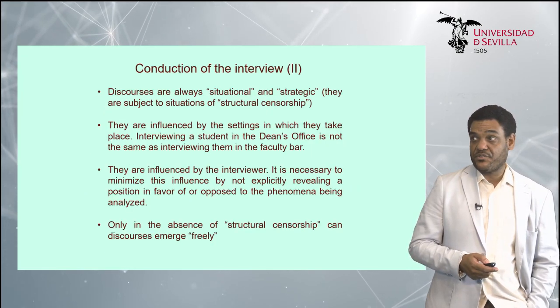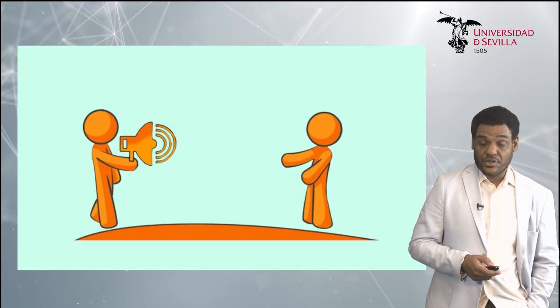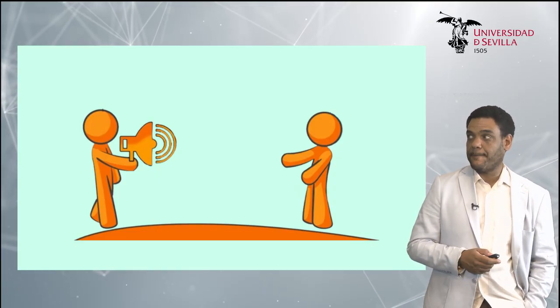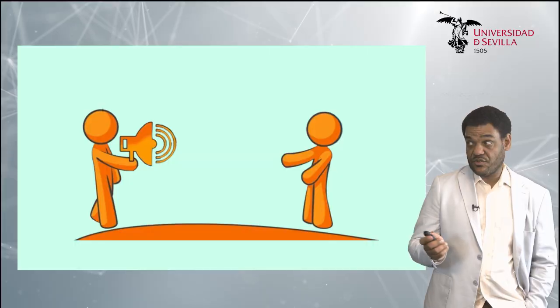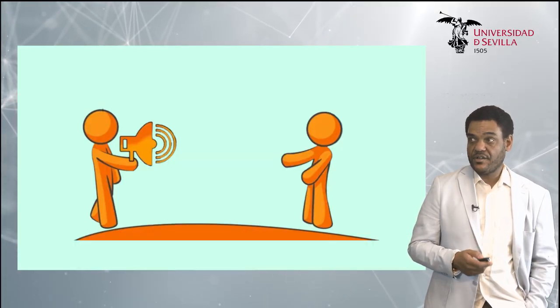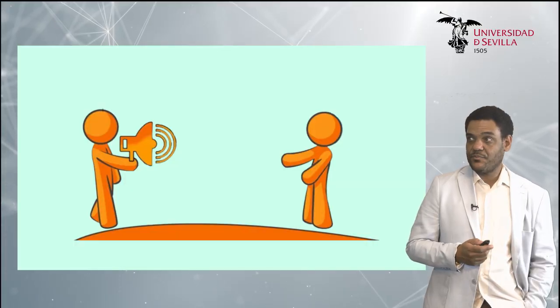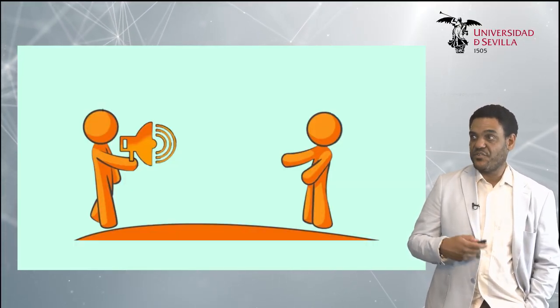In this sense, there are some important elements. First, this is a conversation between two agents, the interviewer and the interviewee. But in this case, the person that has to talk is the interviewee.